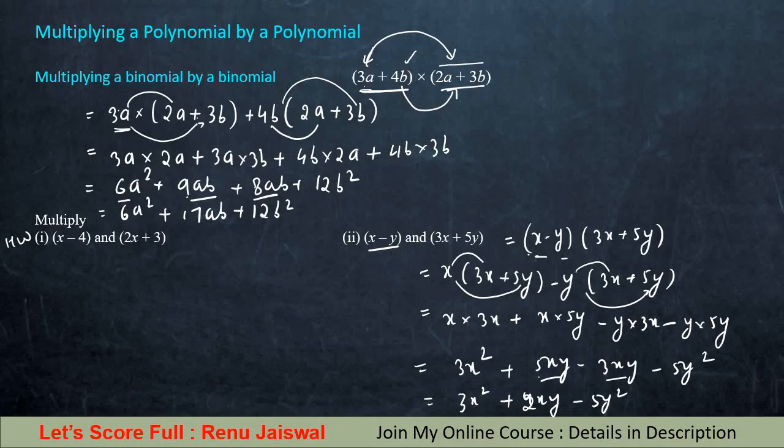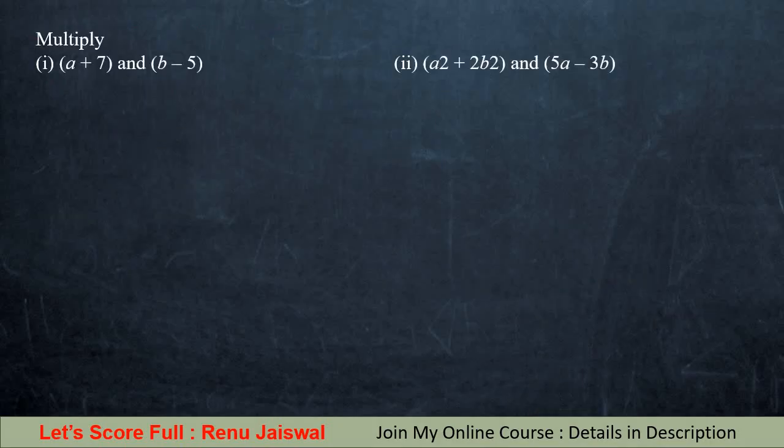Now next part. Here they are all the same. We can do one out of these. Again, the first part I am leaving as homework. Here I need to multiply 2b square with the term 5a minus 3b. Same to same. Consider the first bracket, take term by term and multiply with the second bracket.